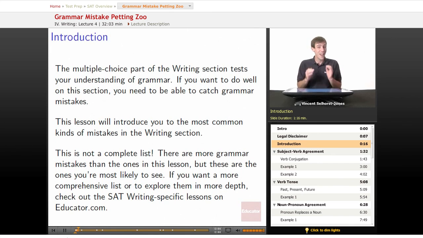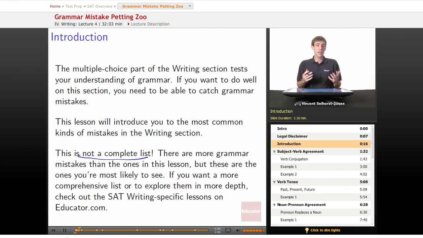But remember, this is not a complete list. There are more grammar mistakes out there that can be on the SAT. So this lesson won't show you every single kind that you'll see, but these are the ones that you're most likely to see. These will make up the majority of them.